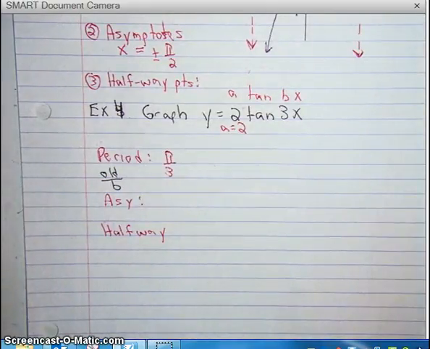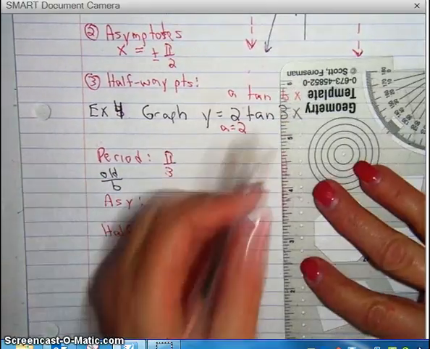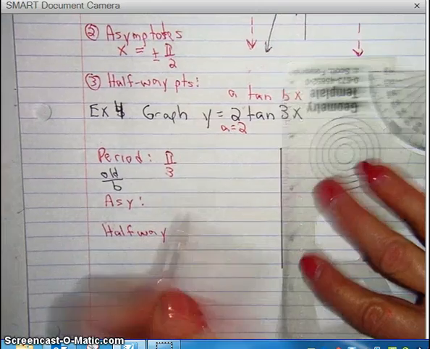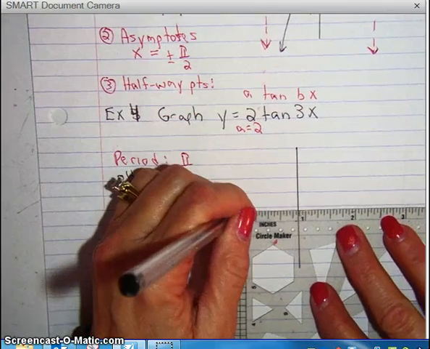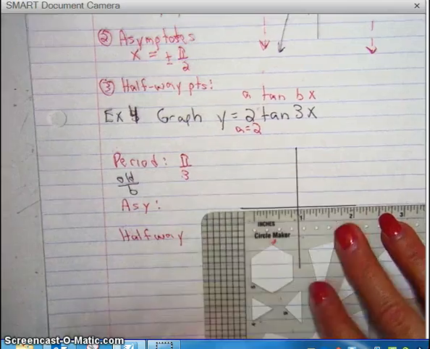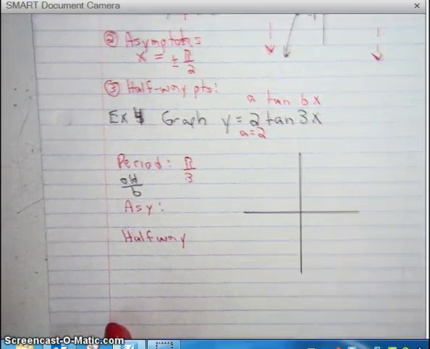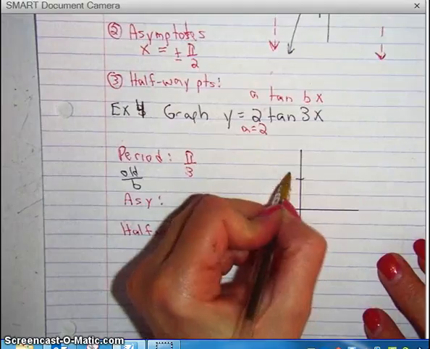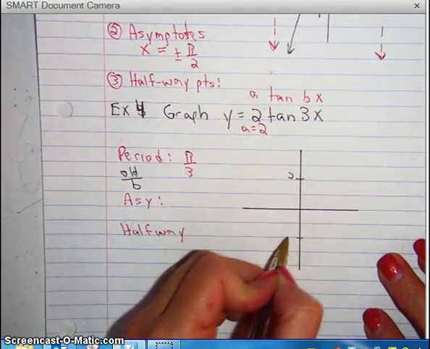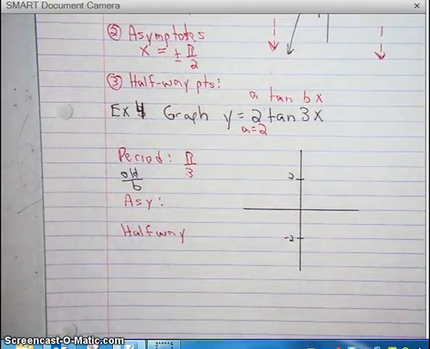So, make your axes. You guys told me the a value was 2. So let's go up 1, 2, down 1, 2. Okay.